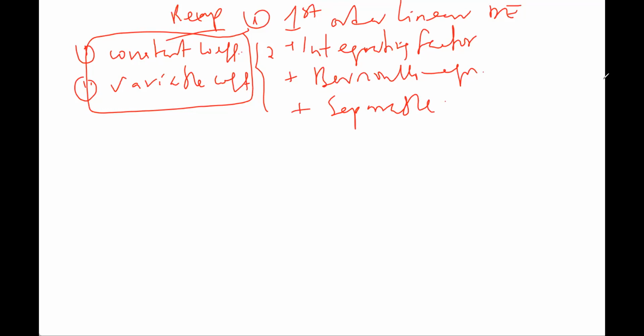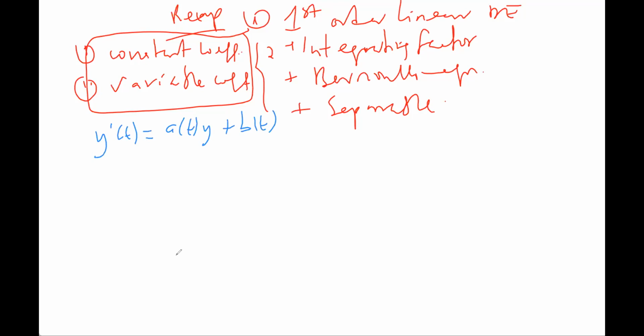Then we spoke about initial value problems. We started with something like this: y prime of t is equal to a of t times y plus b of t.